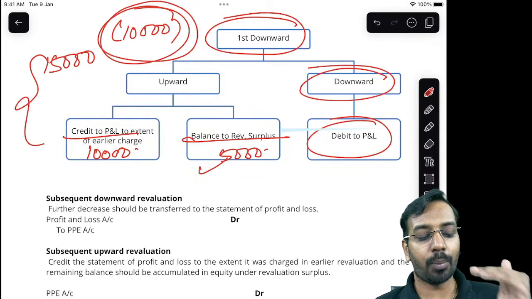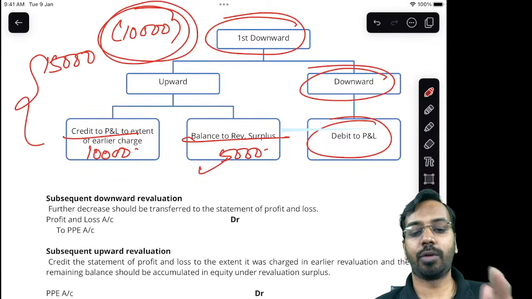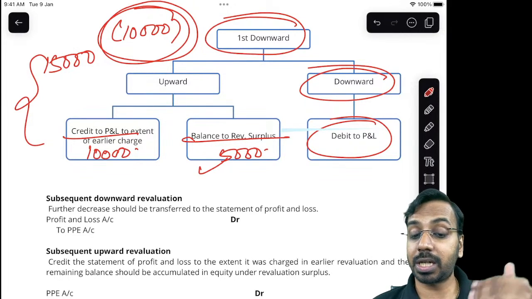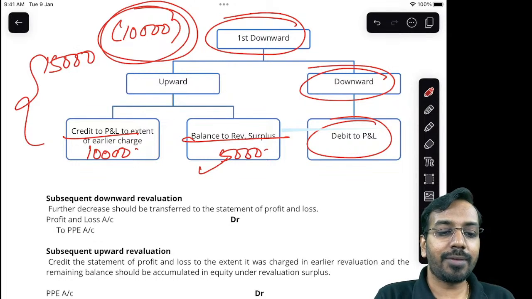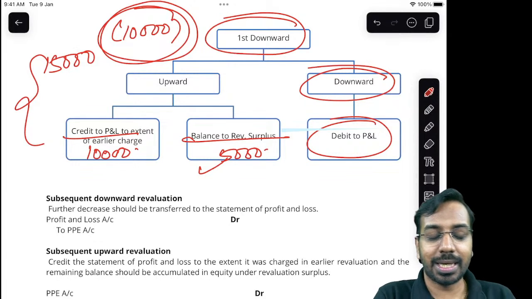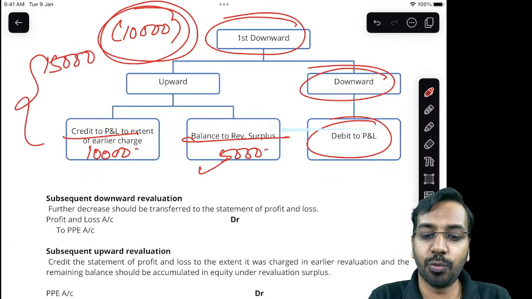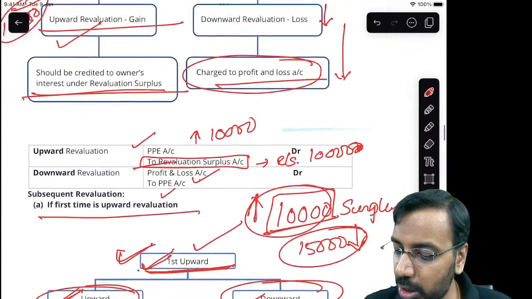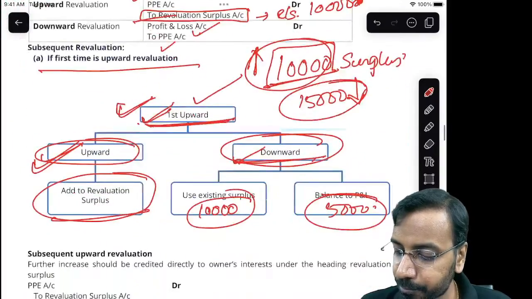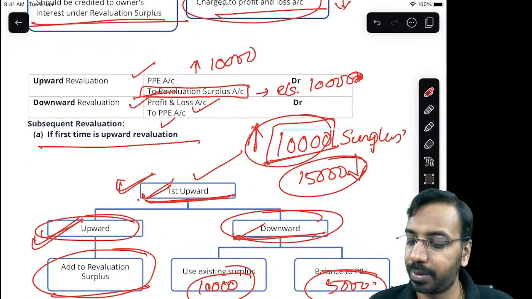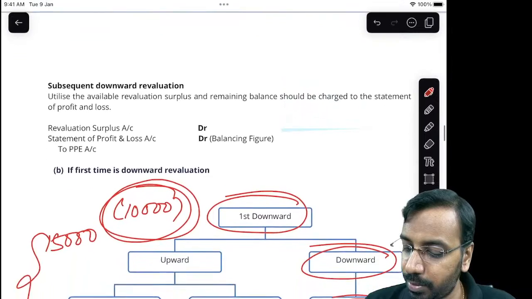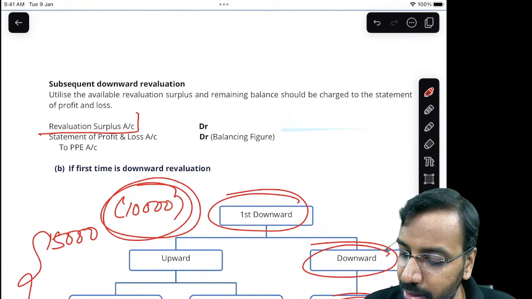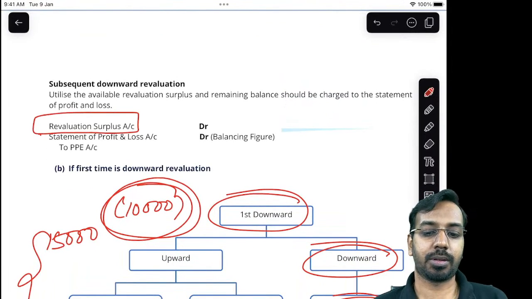Just to summarize: upward, revaluation surplus; downward, P&L. Upward to upward, downward to downward, no problem. First upward, then downward: whatever we have taken to revaluation surplus, when we are doing the downward revaluation, you will utilize the revaluation surplus. Utilize means, whenever there is a loss, we debit the P&L, but here, instead of debiting the P&L, we will debit the revaluation surplus.